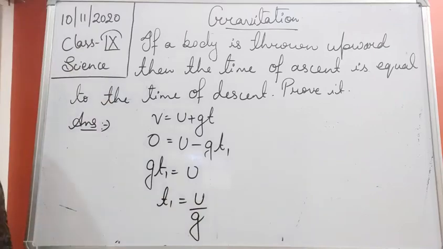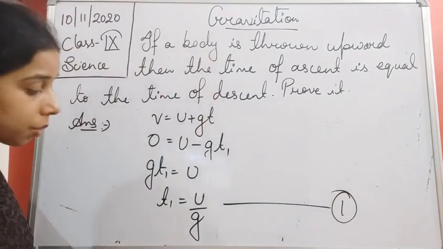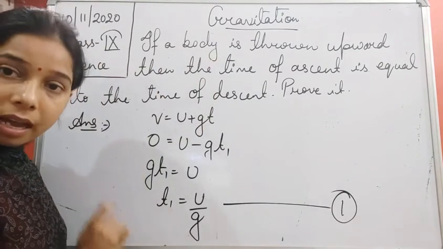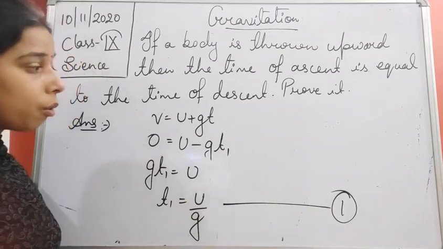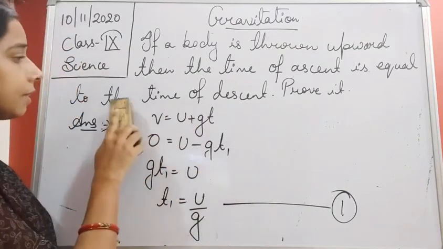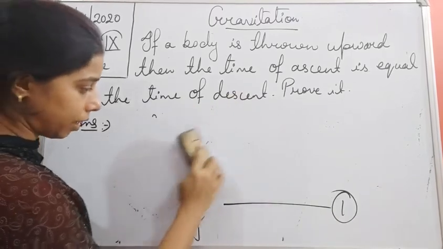So students, this is the first equation. This is the time of ascent. Now what we have to find is the time of descent, when the ball comes in the downward direction.